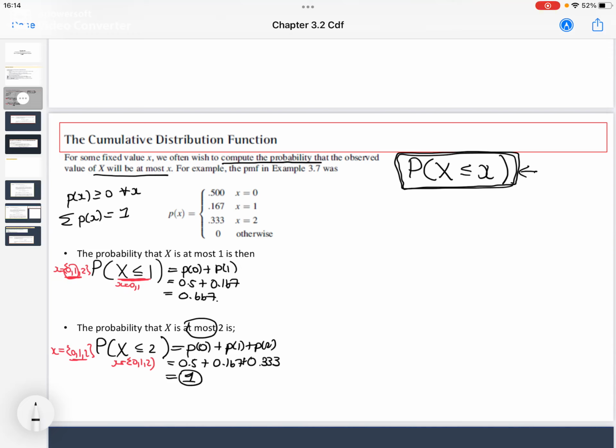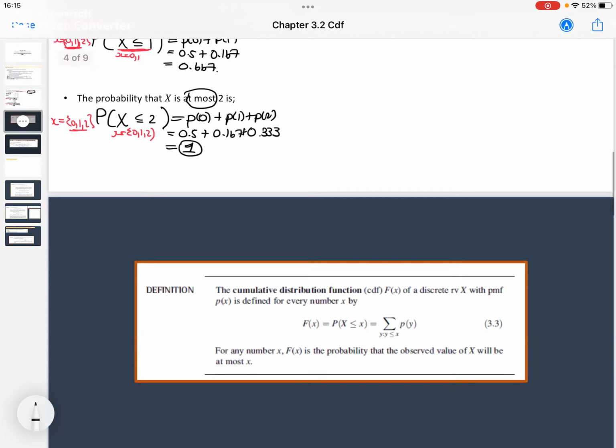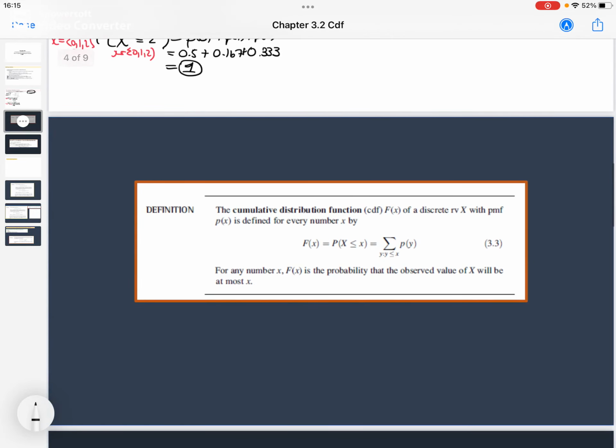Or what's the probability that at most 10 people will get an allergic reaction to some drug? So we're interested in finding the general formula that will let us know the probability that X is at most some particular value.